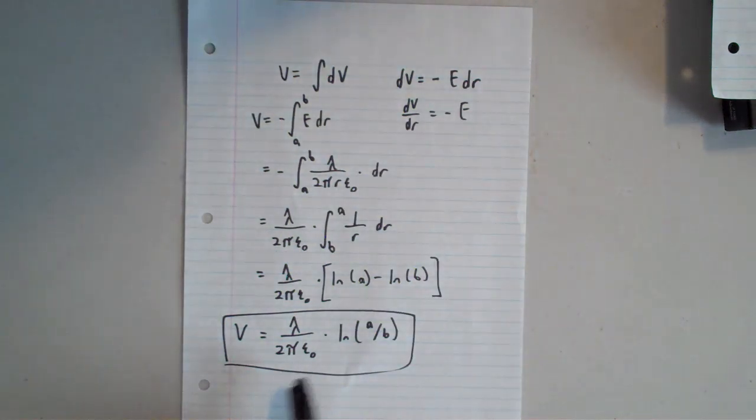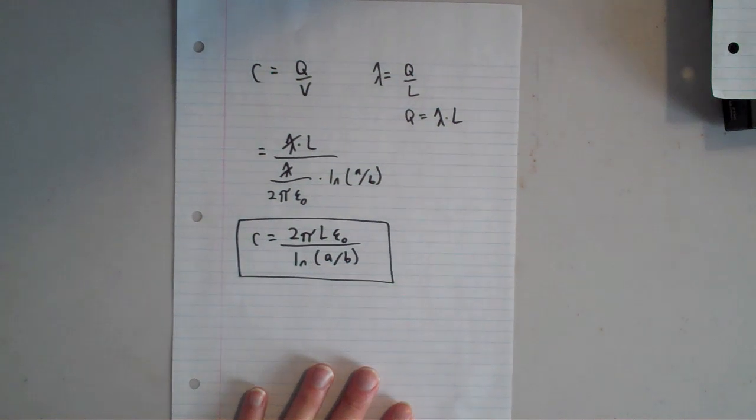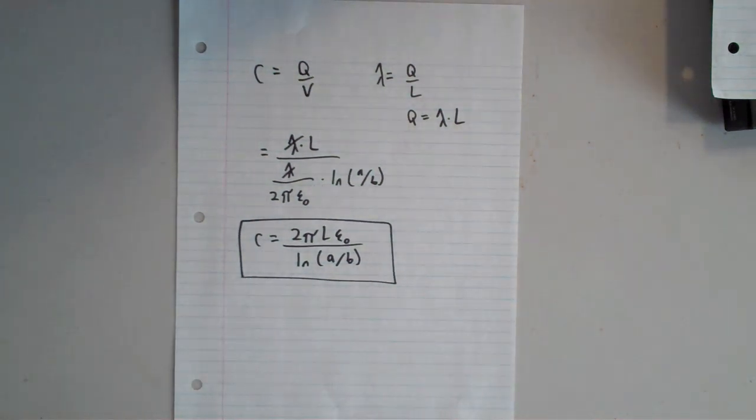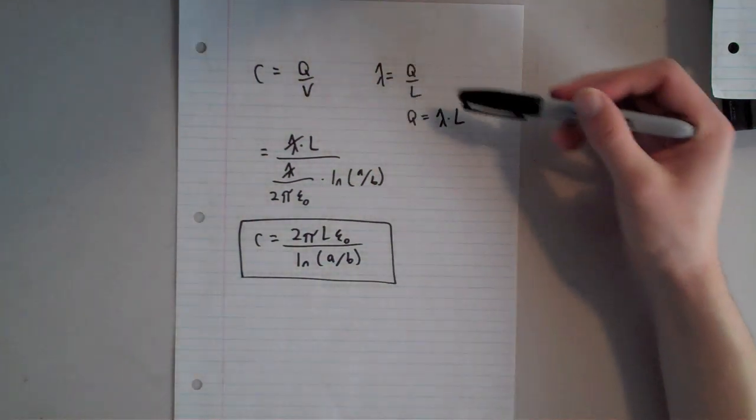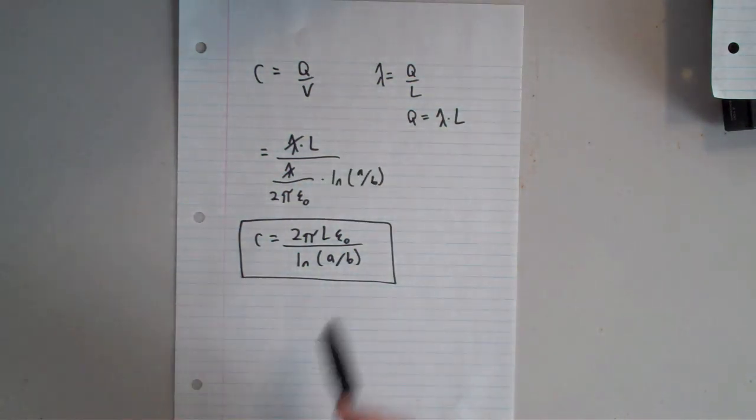And we got that V was lambda over 2 pi epsilon naught times the natural log of A over B. Finally, we used that expression in the definition of capacitance, C equals Q over V. And for Q we plugged in lambda times L because it canceled with the other lambda, and we got the capacitance was 2 pi L epsilon naught over the natural log of A over B.